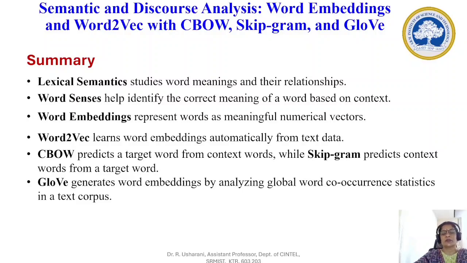Word embeddings represent words as meaningful numerical vectors, and word2vec learns word embeddings automatically from text data, and it can use two architectures, CBOW and skipgram. CBOW predicts a target word from context words, while skipgram predicts context words from a target word. And another model, GloVe, also generates word embeddings by analyzing global word occurrence statistics in a text corpus.